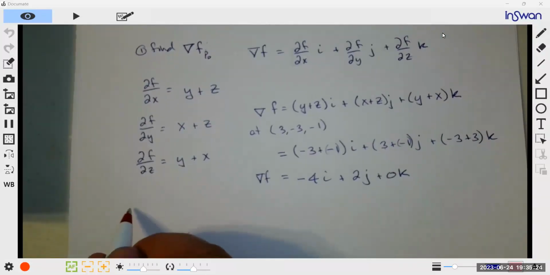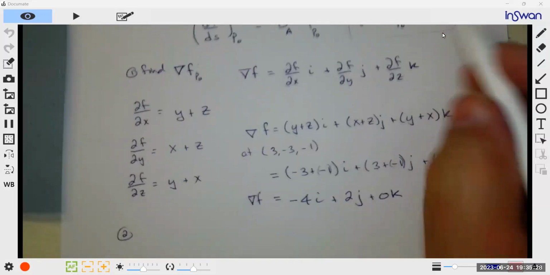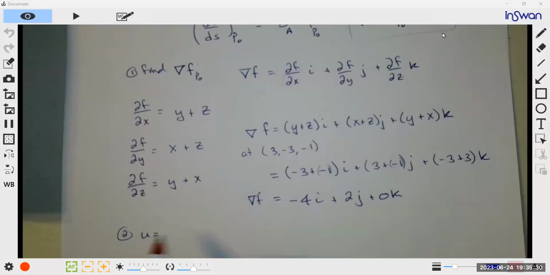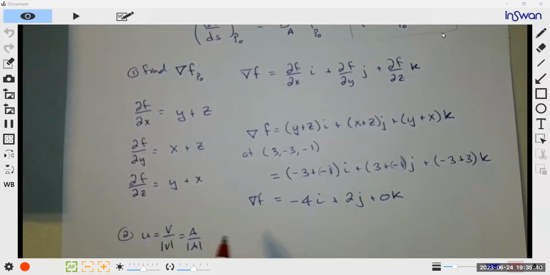All right. We have our del f function. Now we have to find u. Remember, u was earlier, we did this, but here we have a. So we have to find the magnitude of a.